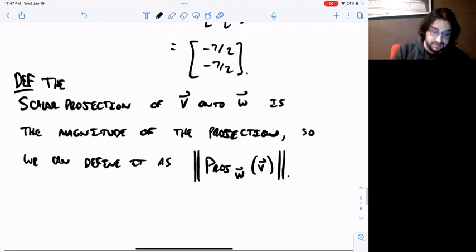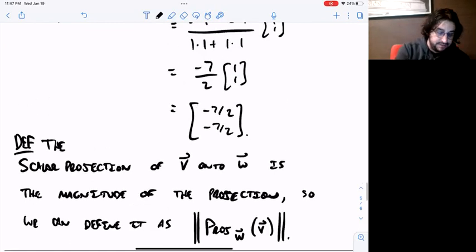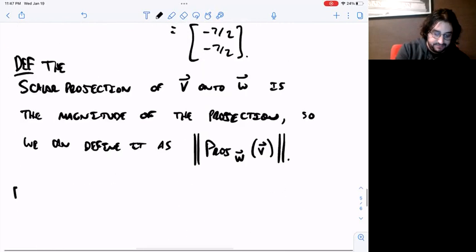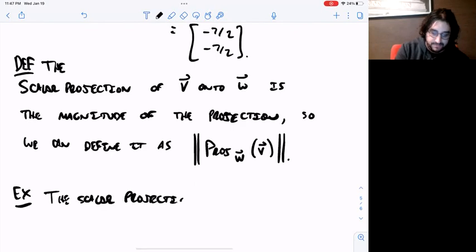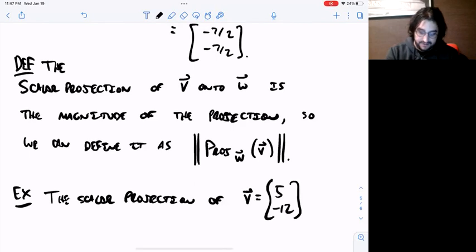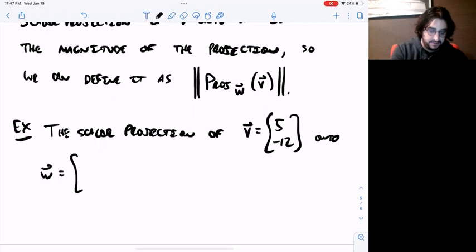In this example, if we revisit the same example that we did before, you could say the scalar projection of v, which equals 5, -12, onto w, which equals 1, 1, is what?